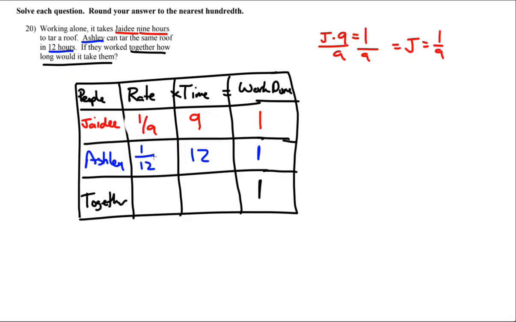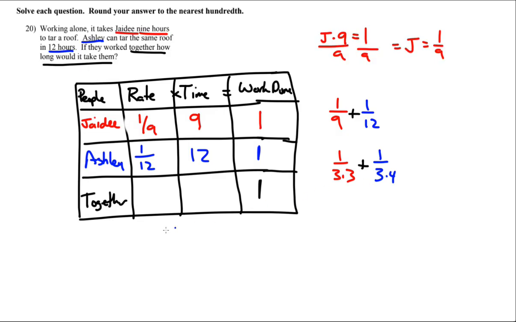Okay? So their rate together would be, if I add these two together, that would be the rate. So what is 1/9 plus 1/12? Okay, well, I can rewrite 1/9 as 1/3 times 3, and 1/12 I could write as 1/3 times 4.